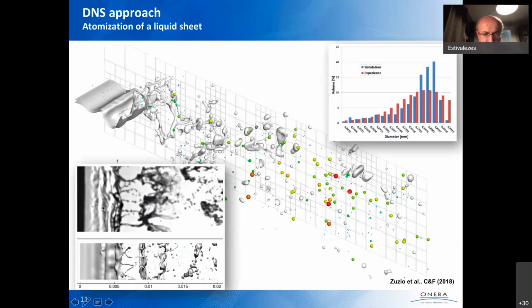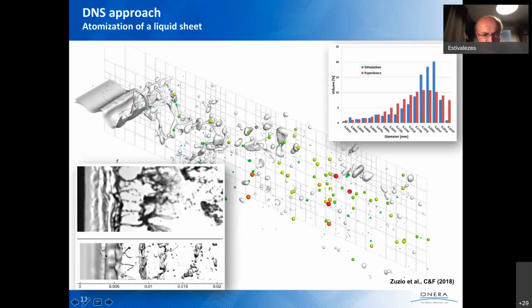So this is a snapshot of what is going on. You see the formation of some waves at the surface of the liquid, and then you can see a secondary instability and the formation of a kind of membrane. These membranes are broken and burst into ligaments, and these ligaments will atomize and form the final droplets here. So this is the experiment.